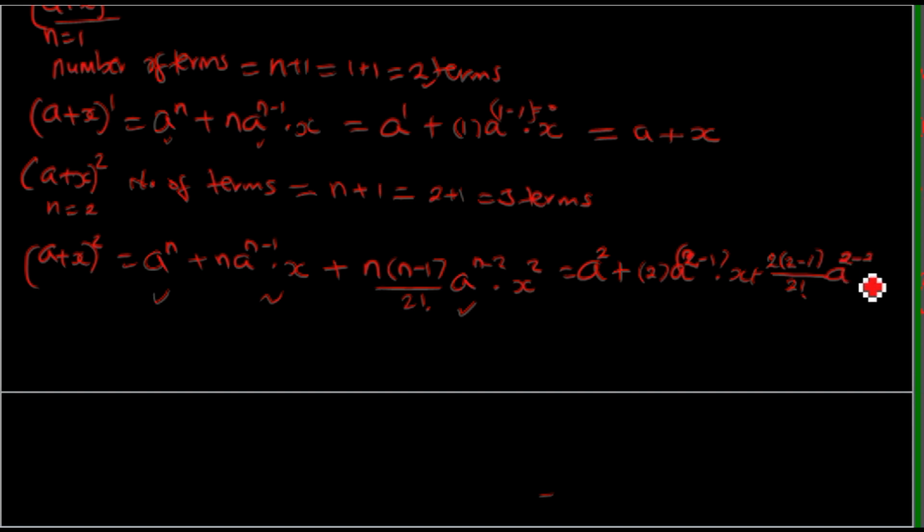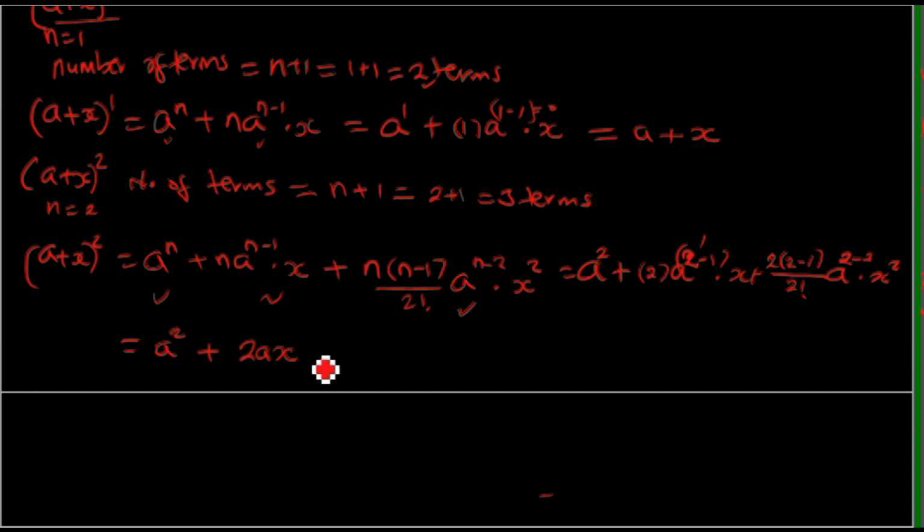If you simplify, we shall get a squared plus 2ax, because 2 minus 1 is 1 and a power 1 is a, multiplied by 2 and by x gives 2ax.